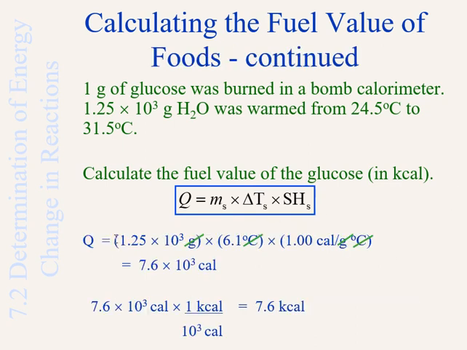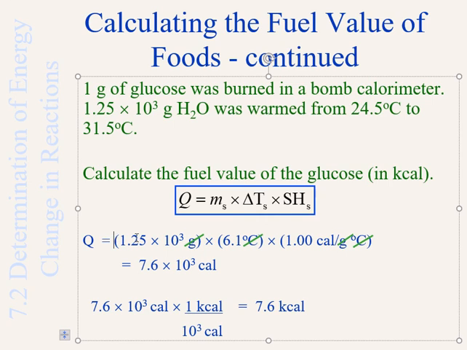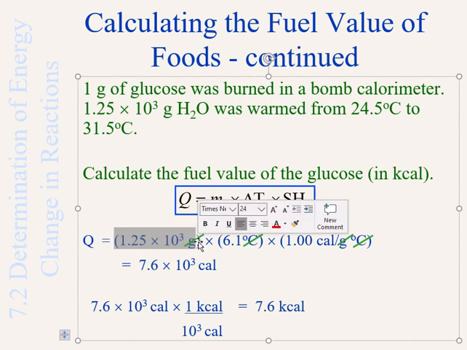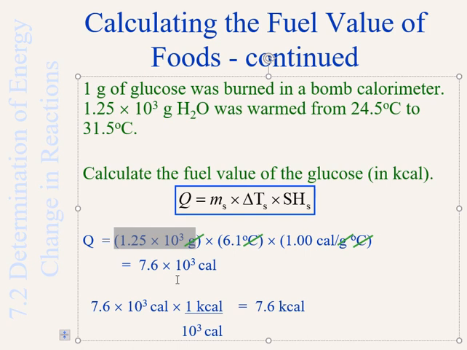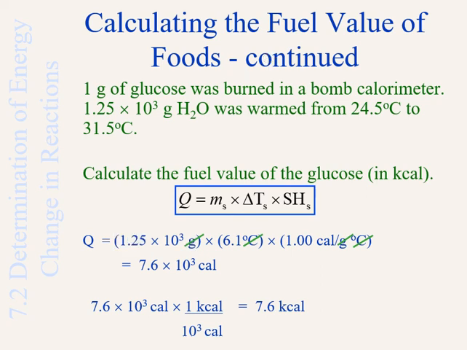And so the total mass of the water that absorbs the heat times the change in the temperature times the specific heat gives us 7.6 times 10 to the 3 calories, which is 7.6 kilocalories. Or if this was on a nutritional label, 1 gram of this would be 7.6 uppercase Calories. So this is how we count calories.